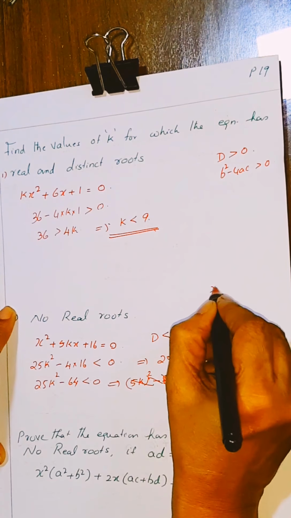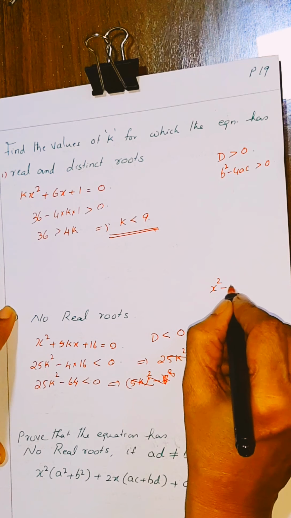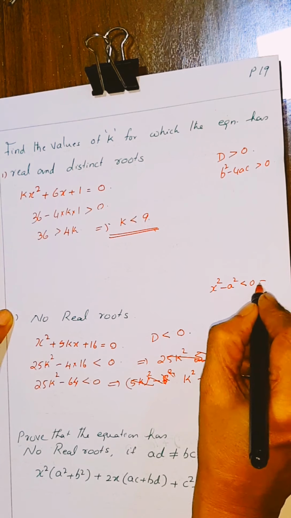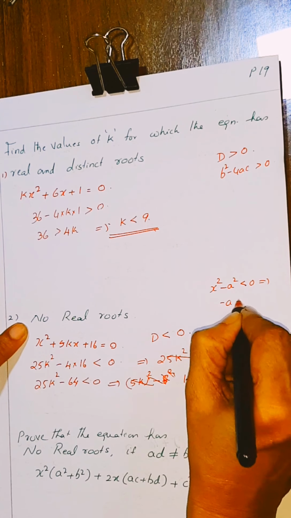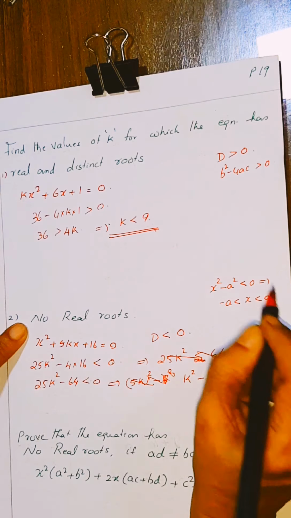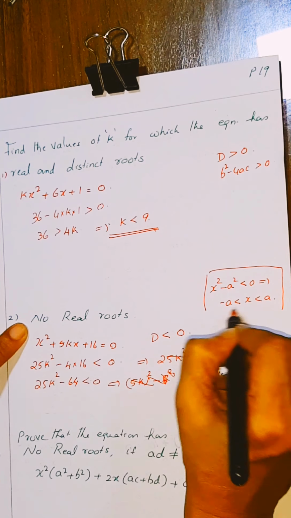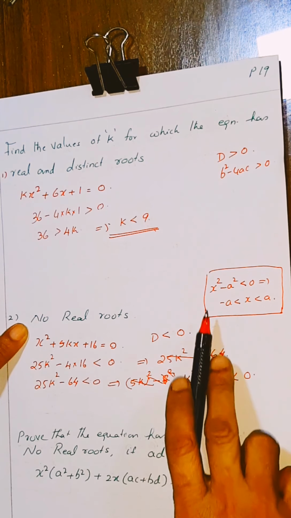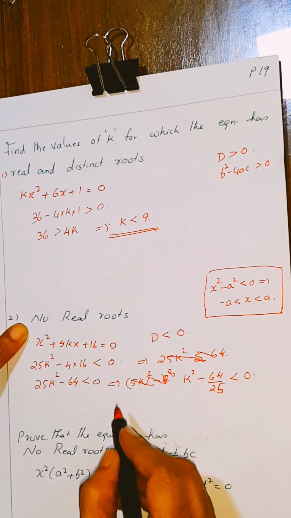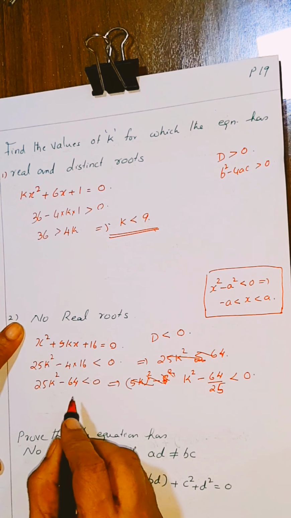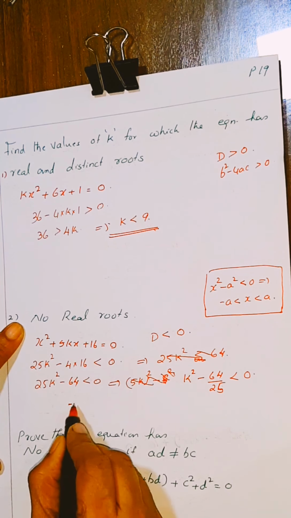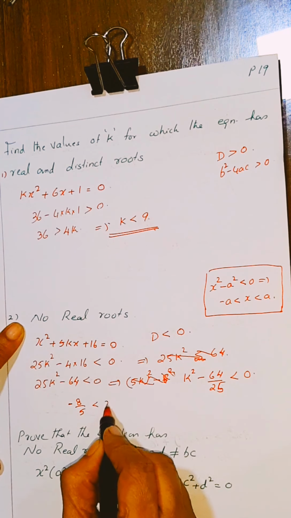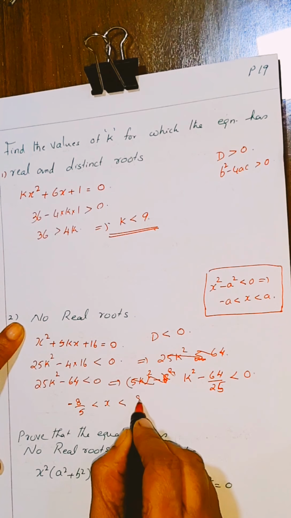Now if you have x squared minus a squared is less than or equal to 0, then x lies between minus a less than x less than a. So we have to use this here. So here it is of this format, x squared minus a squared. So this is k lies between minus 8 by 5 less than k less than 8 by 5.